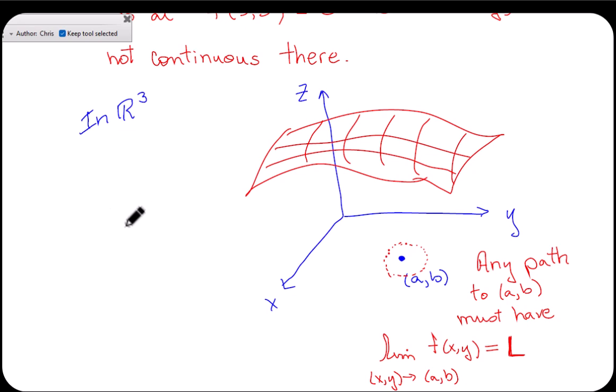If I'm in higher dimensional calculus, to be continuous at this point, any path that I take to get there, it can be the straight path, it can be a curvy winding path, every path that I use to get there, I must get the same limit. So in our case, it's not continuous, so there's no condition that a solution would exist.